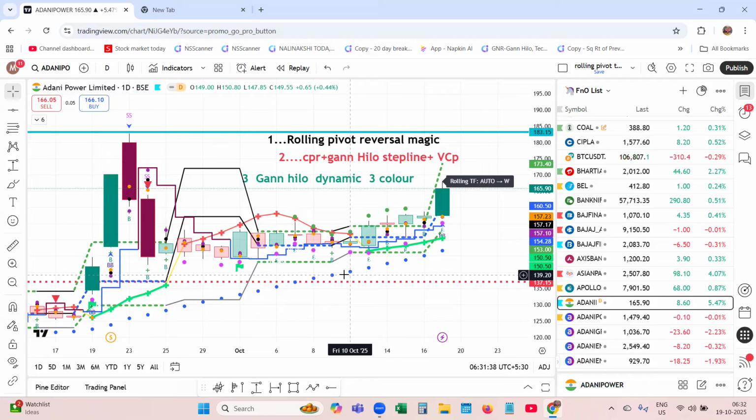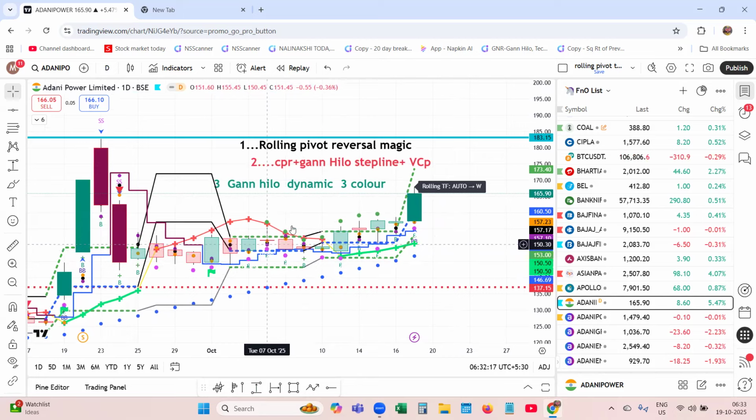And the rolling pivots roll along with the price. From here they started showing a neutral stance, neutral to positive, but still the entry is not there. And then again neutral within the uptrend. The Gann Hilo is supporting, it is rising within the uptrend. It was positive.